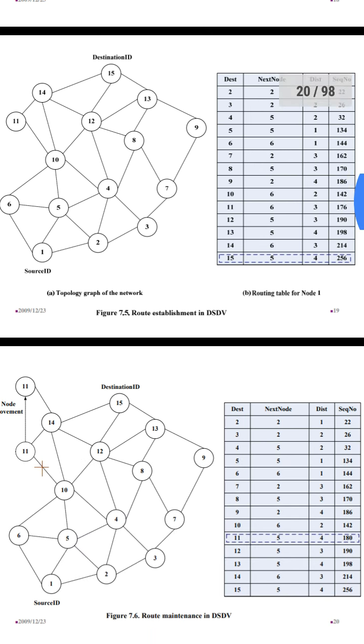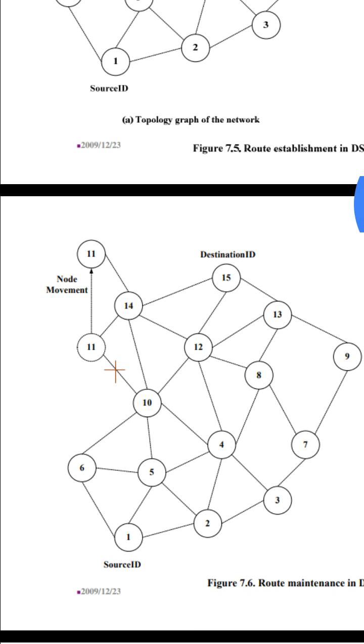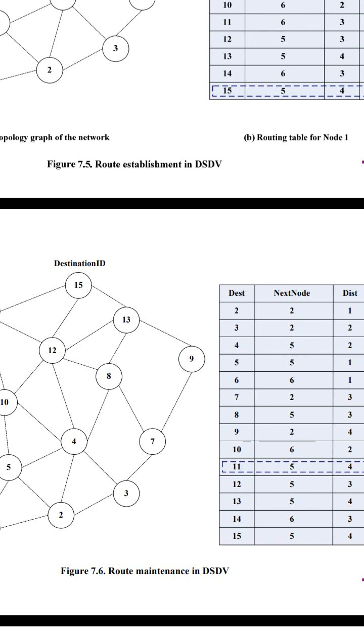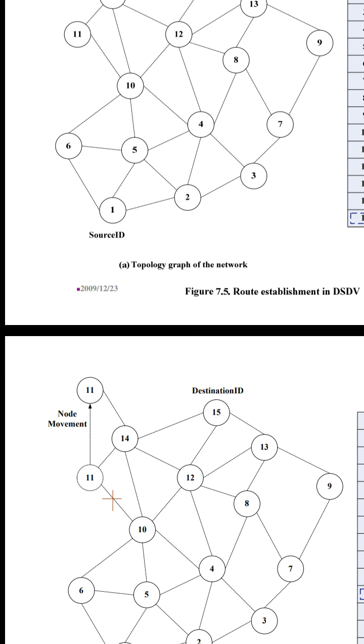In this algorithm, suppose the path between 10 and 11 breaks. Then we update this table in the corresponding row. In the table above, we take 11, which was reachable via node 10.